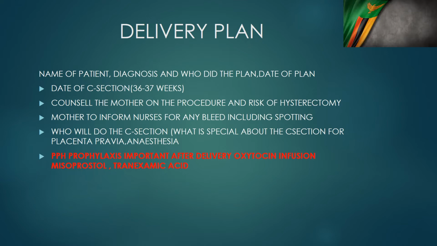Then we need to counsel the mother about what placenta previa is, that the placenta is in the lower uterine segment, that lower uterine segment poorly contracts, and when she delivers, the placenta gets detached from that lower uterine segment, she's going to very likely bleed, and she needs to expect postpartum hemorrhage, and we are going to do everything possible to prevent her from bleeding after she delivers, and that she has a risk of getting a hysterectomy from the bleeding.